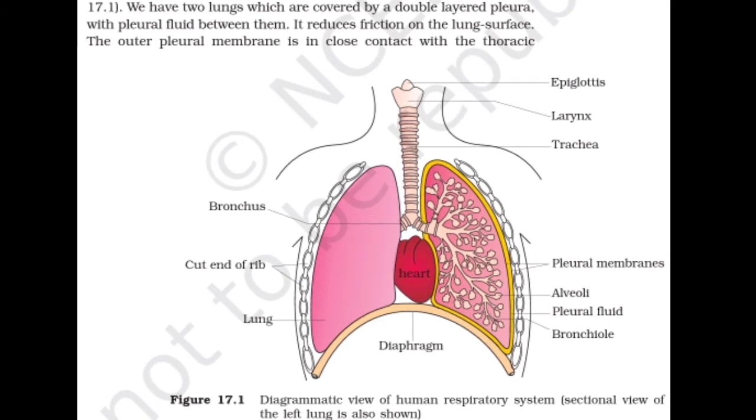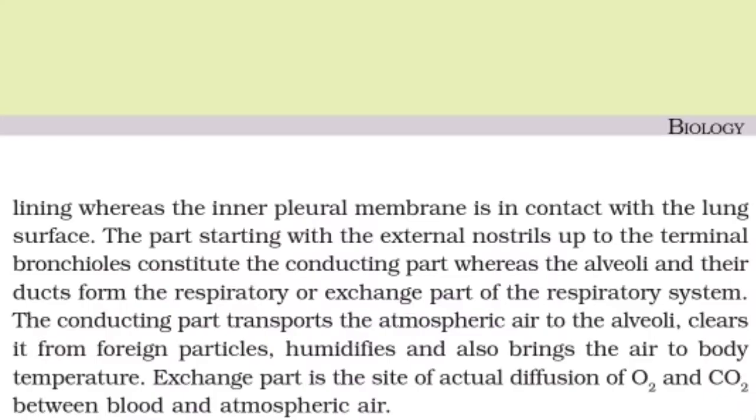The outer pleural membrane is in close contact with the thoracic lining, whereas the inner pleural membrane is in contact with the lung surface. The part starting with the external nostrils up to the terminal bronchioles constitutes the conducting part, whereas the alveoli and their ducts form the respiratory or exchange part of the respiratory system.